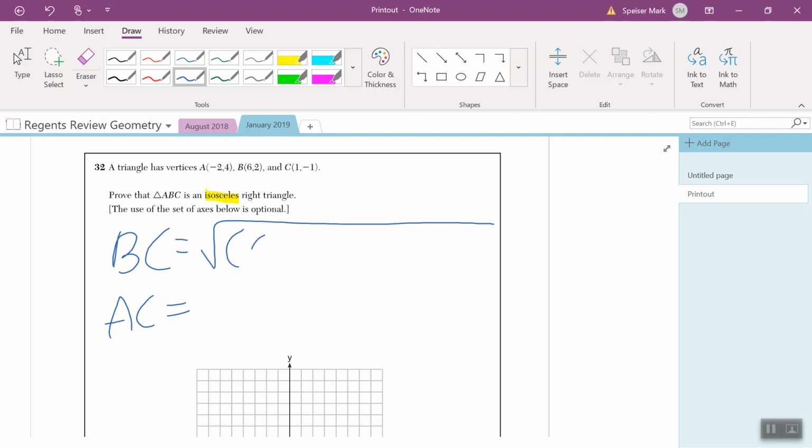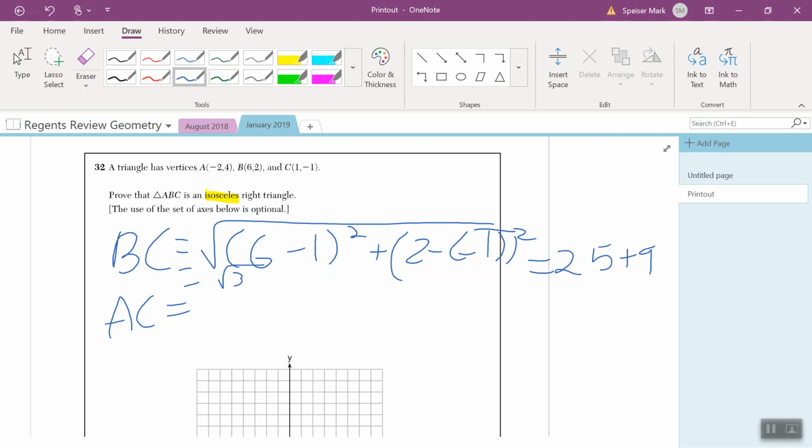So the distance of BC is the square root of 6 minus 1 squared plus 2 minus -1 squared, which equals 25 plus 9, which is the square root of 34.